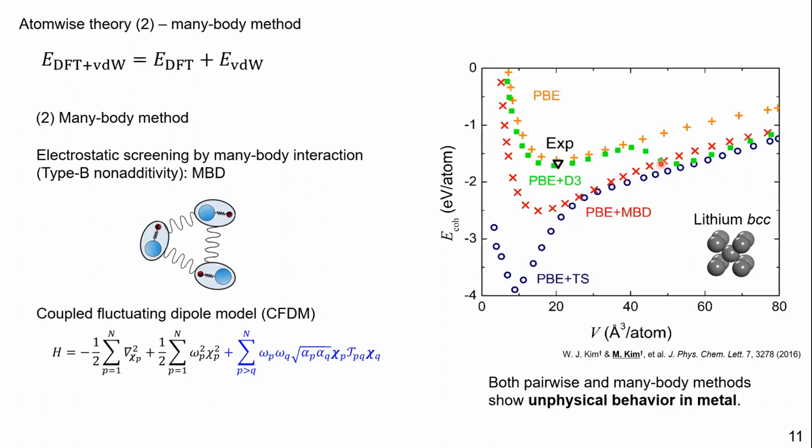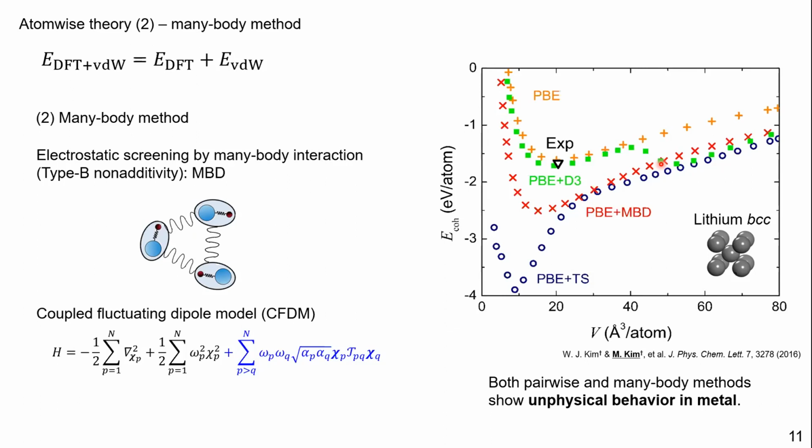Aside from this many-body method, the previous pairwise methods also show much stronger cohesive energy than the experimental energy. And the D3 method shows an unphysical double well when the volume is increasing.